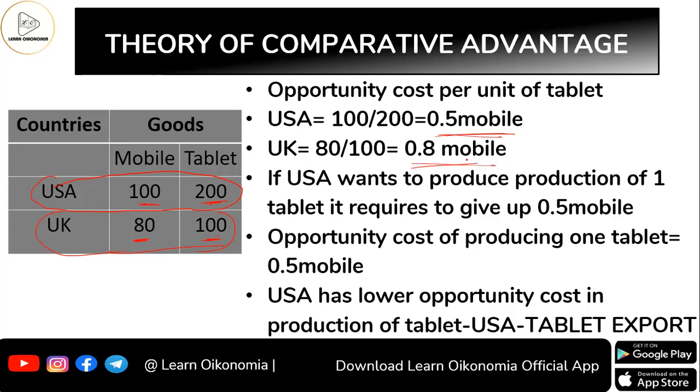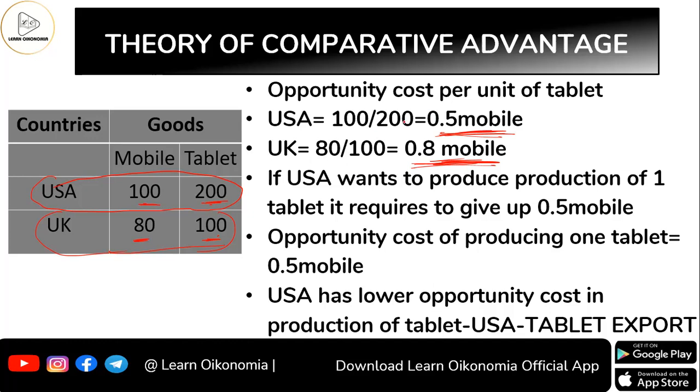So if USA wants to produce one tablet, it has to give up 0.5 mobile phone. So what about UK? If UK wants to produce one more tablet, it should give up 0.8 mobile phone. So who is having lesser opportunity cost here?